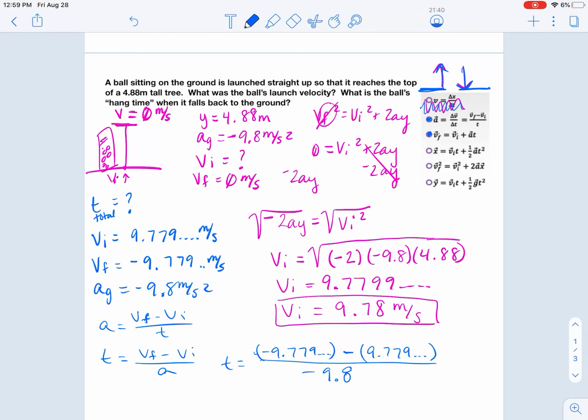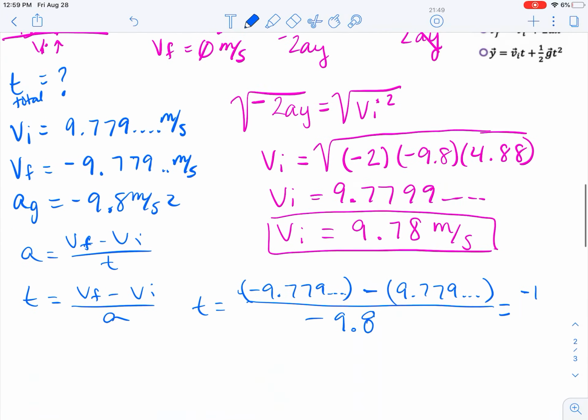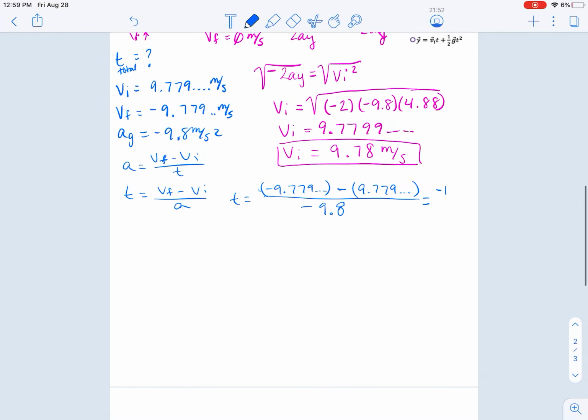So for this particular question, my numerator is going to simplify to a negative 19.55, and there's more digits there, divided by a negative 9.8. So you can see that even though I'm solving for time, my values are still going to give me a positive number provided that I have executed my math correctly.